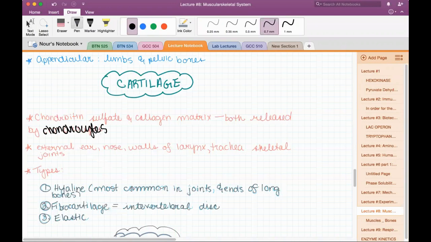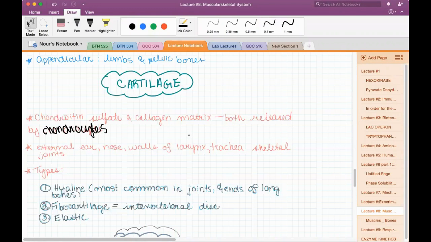You can't break it down by just proteolytic enzymes. You have to strip away the cells from the tough tissue and then try to break down the elements inside cartilage. You can't just use pure enzyme to eat it all away.